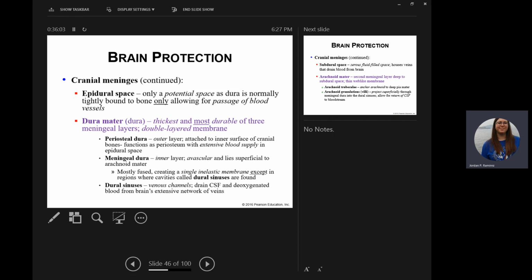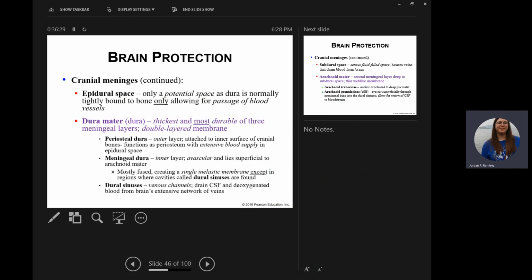The meningeal dura is the inner layer, and basically it's avascular, so any nutrients have to be diffused through. It's mostly fused, creating a single inelastic membrane, except in regions where cavities called dural sinuses are found. Those dural sinuses are going to come into play when we get to AP2. You'll have to learn a bunch of them, names and functions. We'll talk more about that when you get to AP2.